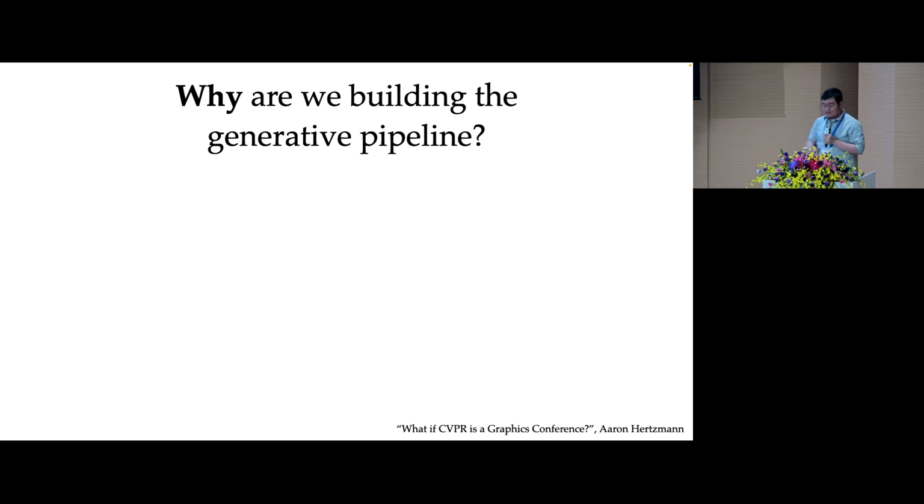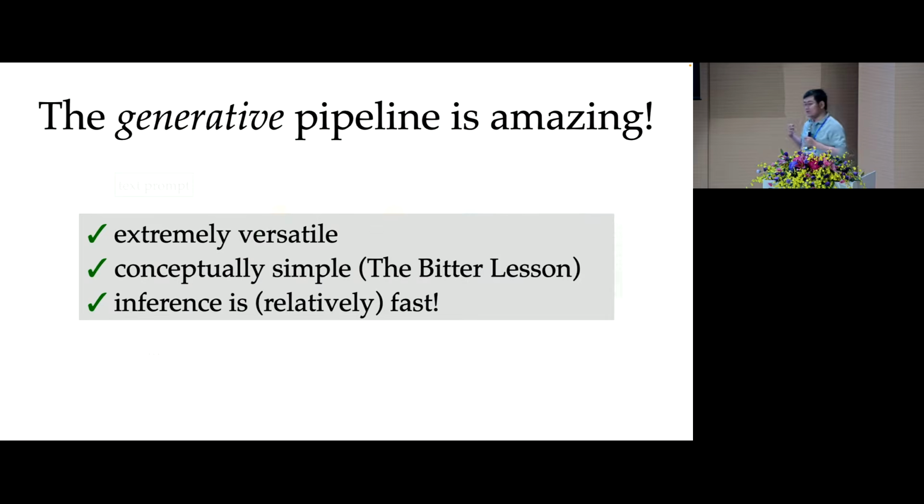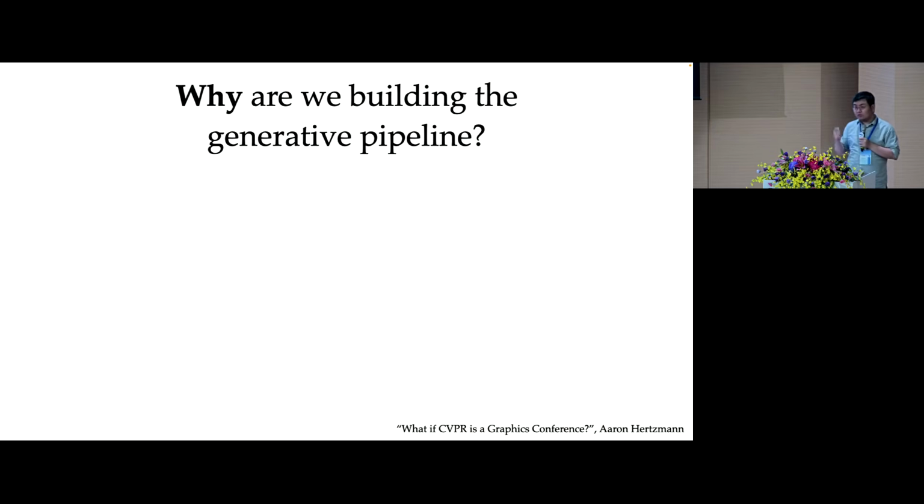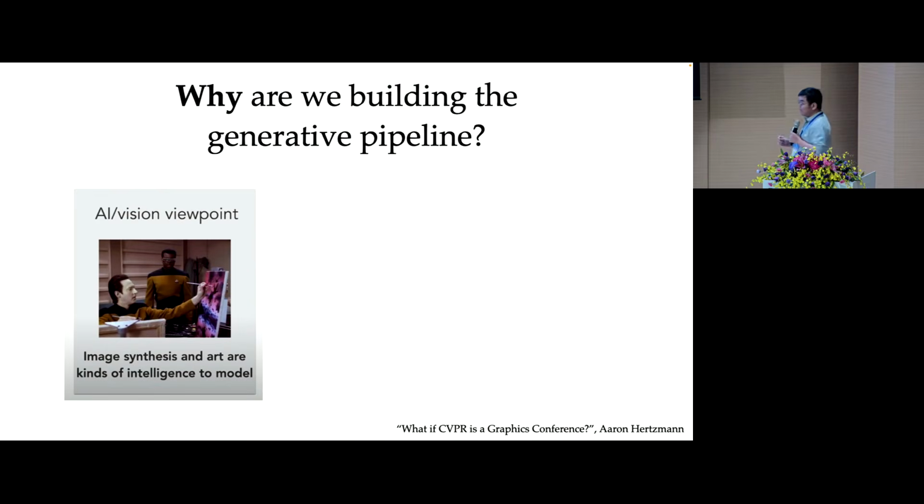So at this point, I feel that we should stop a little bit and pause and think about why we're building these generative pipelines, right? They seem to be very awesome, but what actually happened in practice? I was inspired by this talk by Aaron Hertzmann a few years ago about what if CVPR is a graphics conference. And one possible reason that you could be building these generative pipelines would be that you're an AI person or a computer vision person, right?